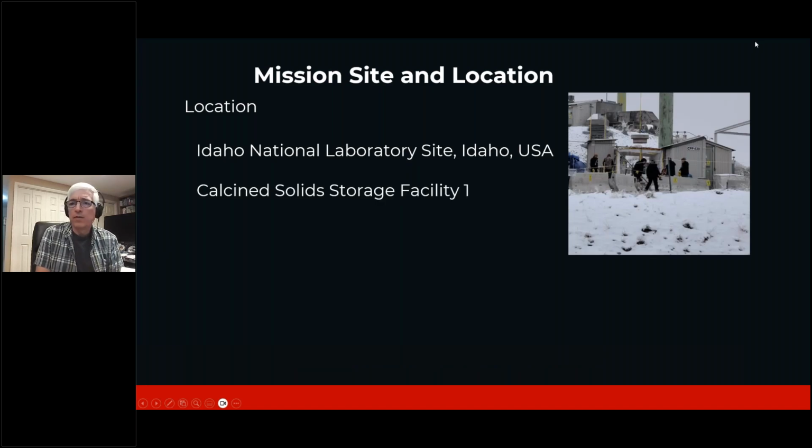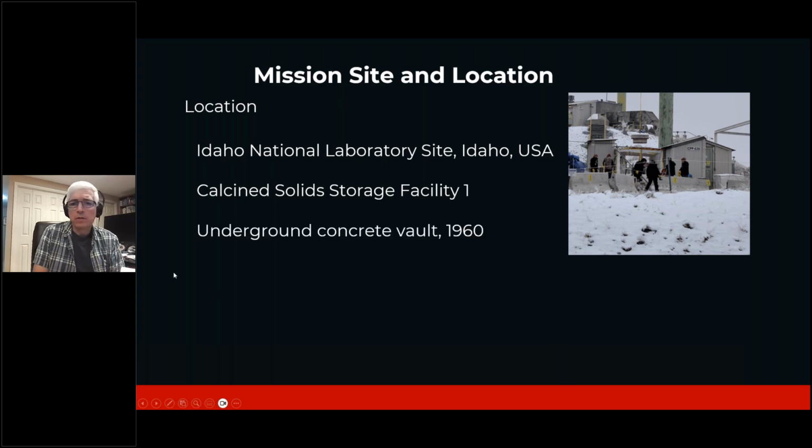And on this site, more specifically, we have what's called the calcined solid storage facility. That is what you saw in the video. That is considered the storage facility for this calcined material, which is a byproduct from the reduction of liquid waste, which was used to reprocess spent nuclear fuel. So essentially, they evaporated the water and had this powder remaining.